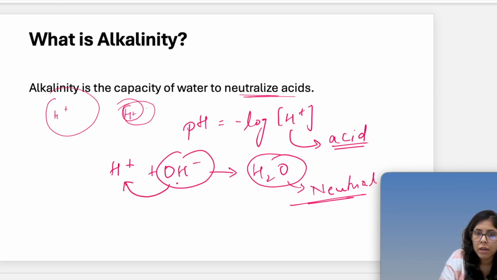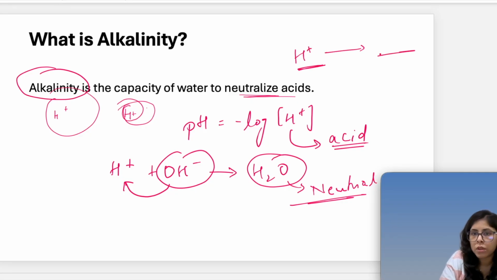So we call OH minus an alkaline ion. It works as an alkaline ion. That's why it's neutralizing the acid. So alkalinity is nothing but the acid neutralizing capacity of water. The ions which combine with H plus and neutralize it to become a neutral molecule, we call those ions alkaline ions, and alkalinity is the property by which this is getting neutralized. So this is what alkalinity is.